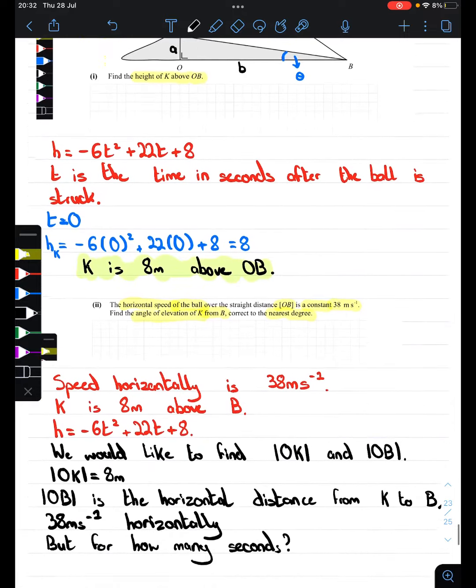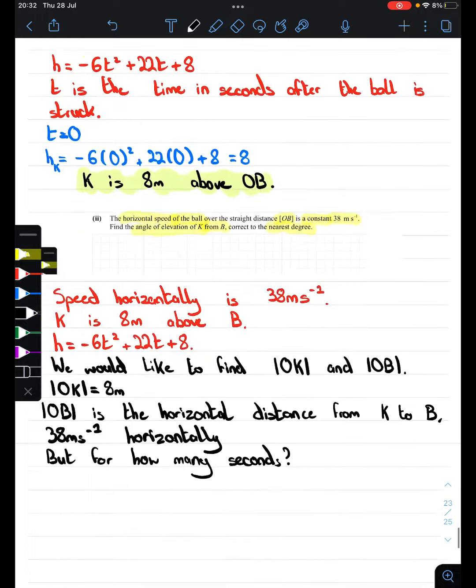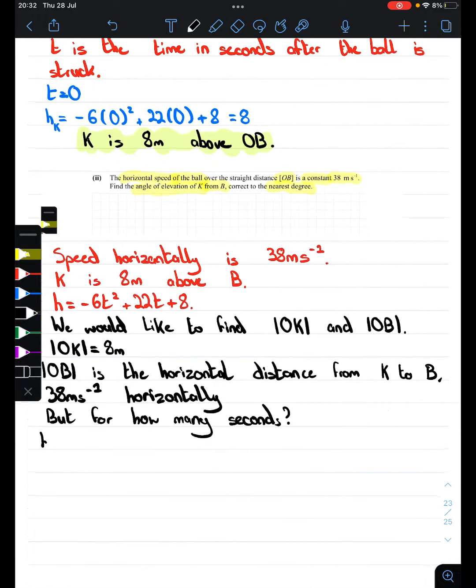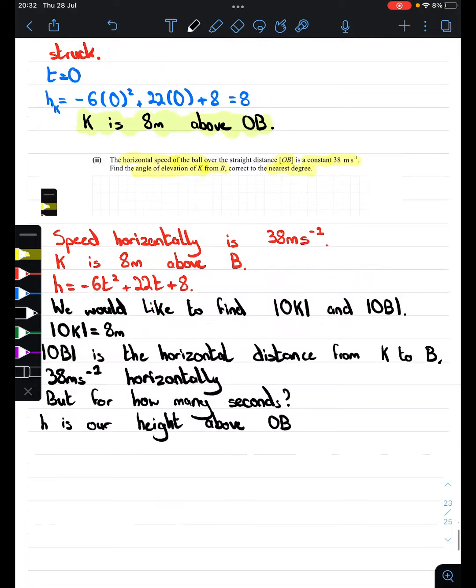How might we find that out? Well, we know that h is our height above OB, and when we reach B, h is 0.